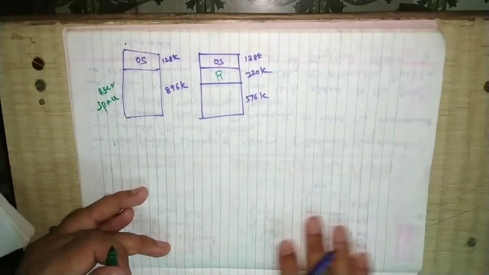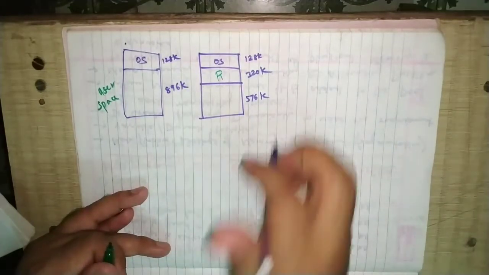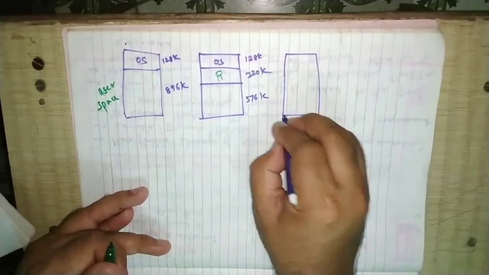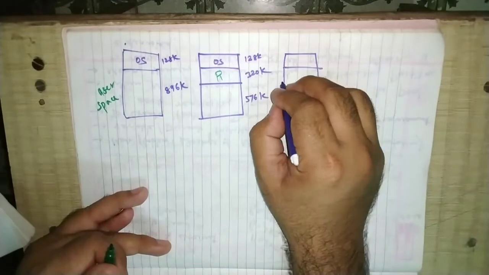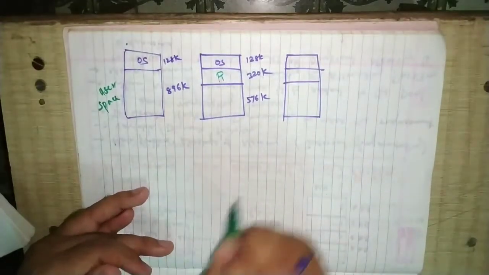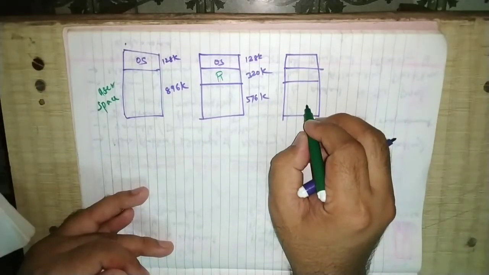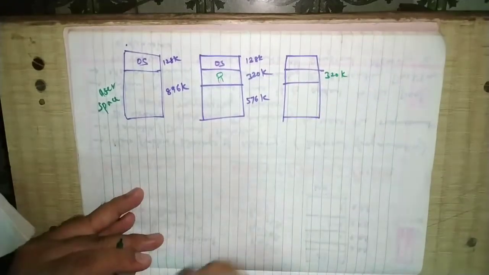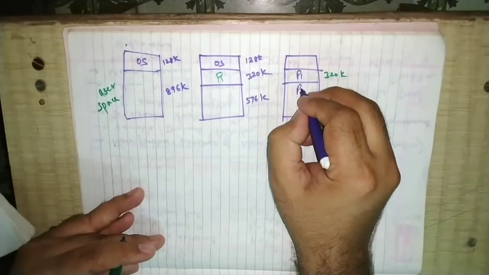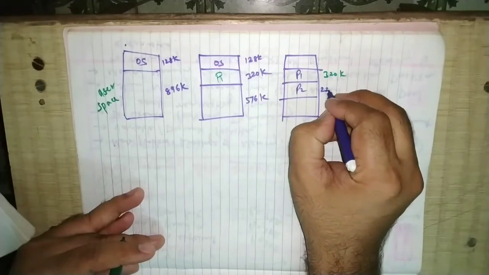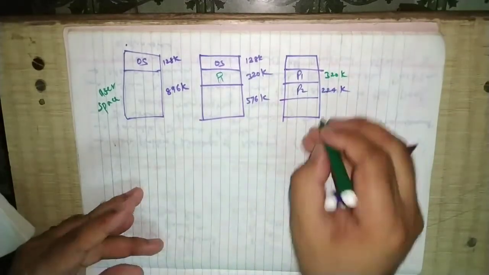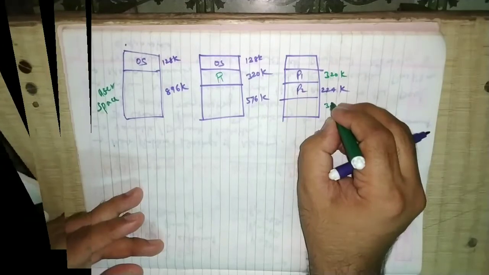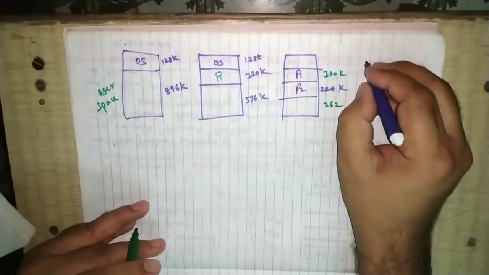Now process 2 will come. Process 2 requires 224k, so 320 kb for process 1 and 224k for process 2. The remaining is 352k. Again process 3 will come.